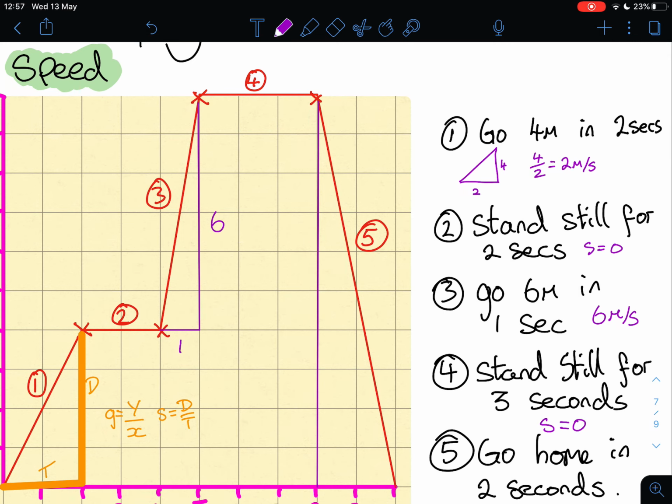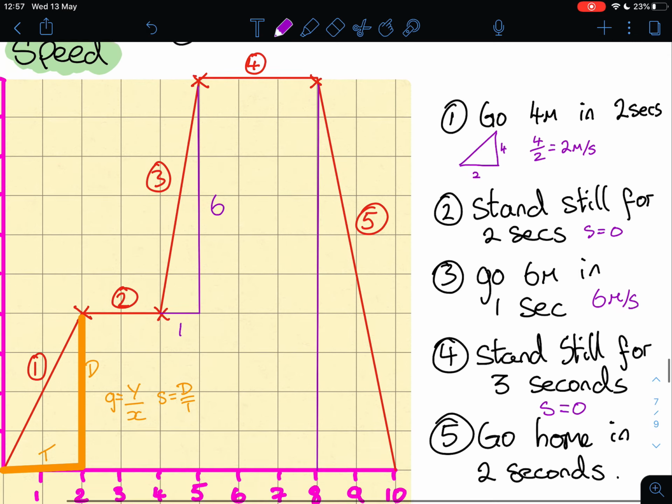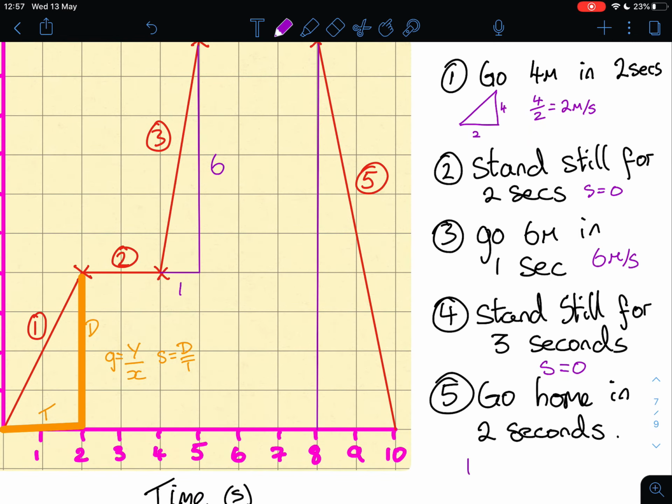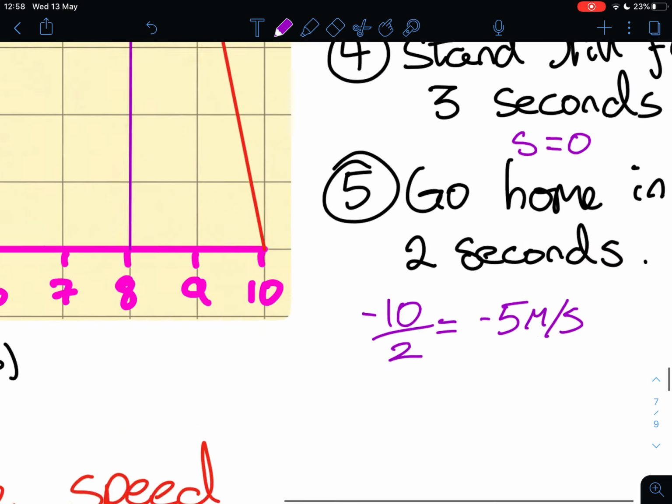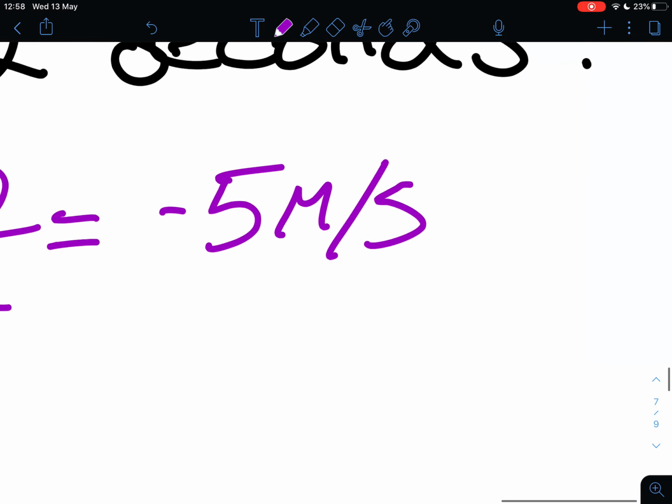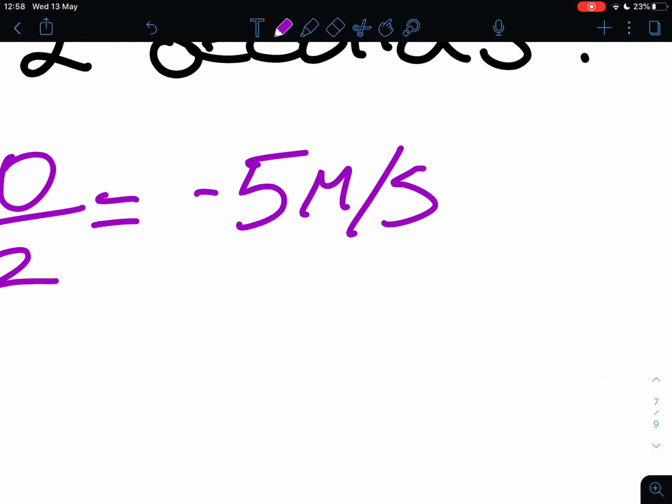We have decreased by 10. So we have 10 over 2, but we have minus 10 over 2. So we're going minus 5 meters per second. And if you remember from the first lesson, we can show minuses for speeds because then they become velocities.